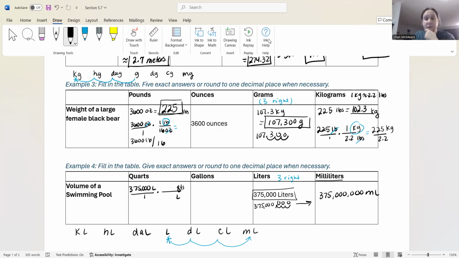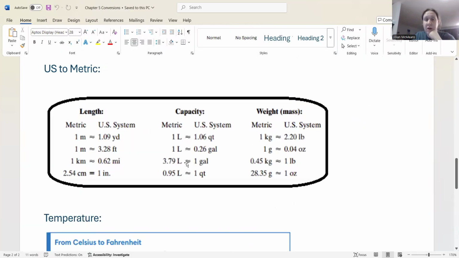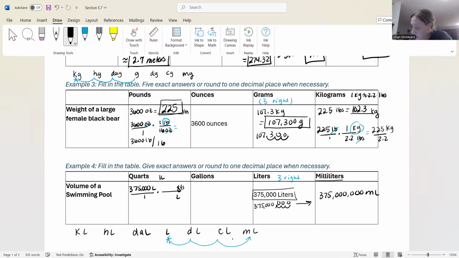So if we go to the conversion sheet, we want to go to capacity or volume. So that's going to be this middle. And we have that 1 liter is approximately 1.06 quarts. We could also do 1 liter is approximately 0.26 gallons. It doesn't matter, but I've decided let's just convert to quarts first. Okay. So we have that 1 liter is approximately 1.06 quarts.